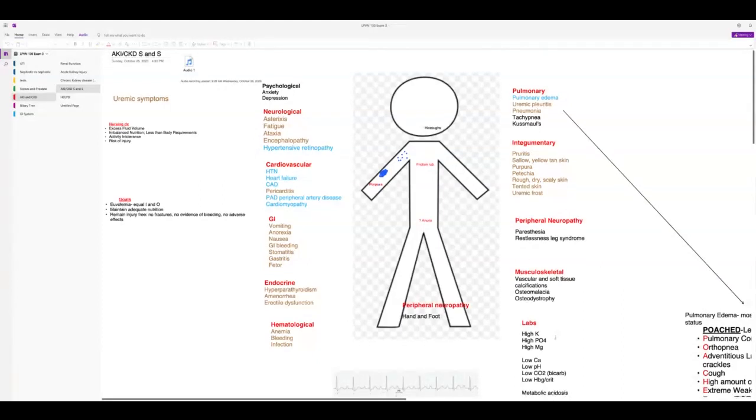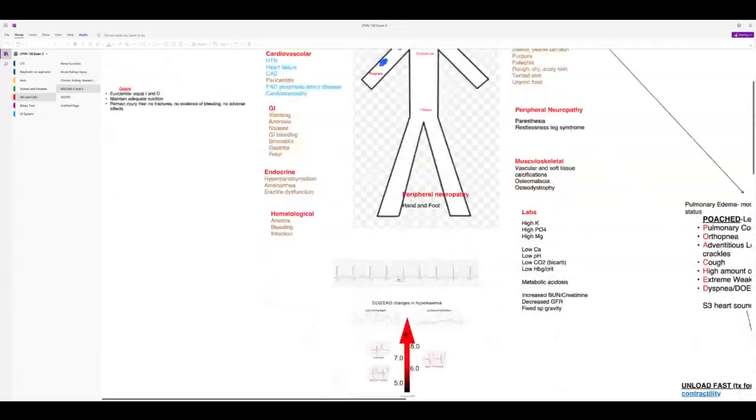So the labs are going to be high potassium, high phosphorus, high magnesium, low calcium, low pH, low hematocrit, and then metabolic acidosis. Increased BUN and creatinine, that's important too, and a decreased glomerular filtration rate. They could have a fixed specific gravity, which means it's 1.010. Okay, so that's important.